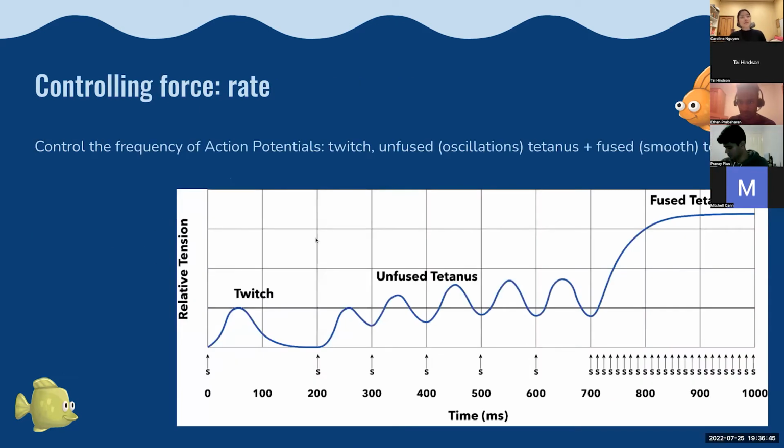And then now I'm going to talk about controlling the force of the action potentials. And so you've got three things we need to know: a twitch, which is something that happens once; an unfused tetanus, which is something that happens multiple times, so the frequency is greater; and you've got fused tetanus.